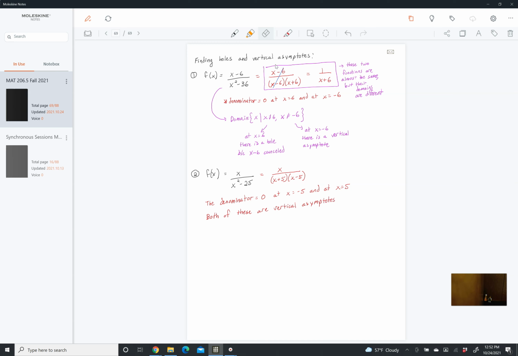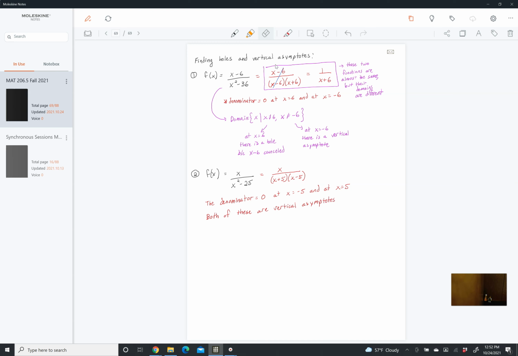Let's take one last one. You're essentially just finding the domain of the function here. Let's say that we have f of x equals x squared minus 5x minus 6 over x squared minus 1. You're factoring.